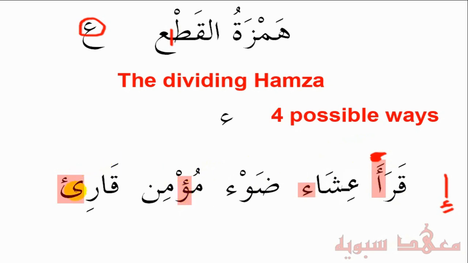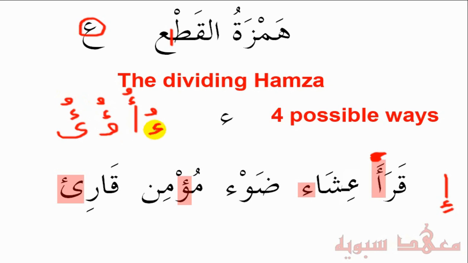Now, for example, let's say we have the Hamza alone, we have the Hamza with an alif, the Hamza with a waw, and the Hamza with a ya. And let's give all these the same harakah. Let's say the dhamma. Each of these will be pronounced as a u sound.